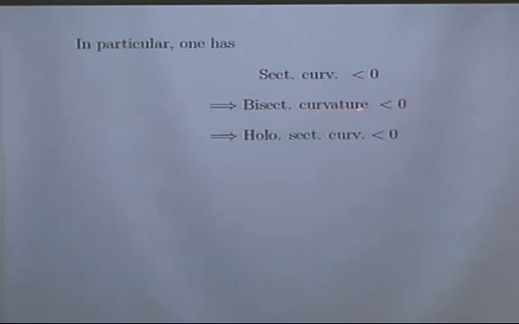And holomorphic sectional curvature is some part of the bisectional curvature, so if bisectional curvature is negative, then the holomorphic sectional curvature is negative. So the sectional curvature is strongest among the three, bisectional curvature in the middle, and holomorphic sectional curvature the weakest.